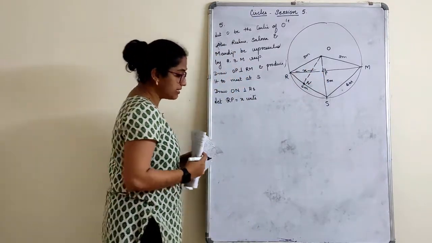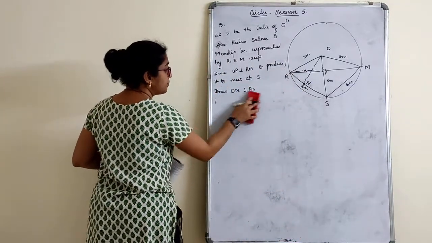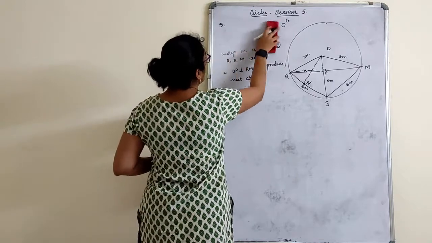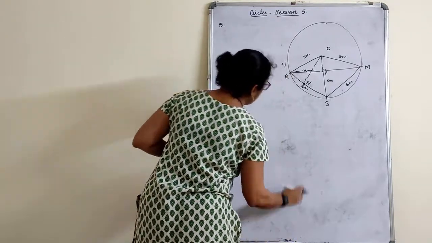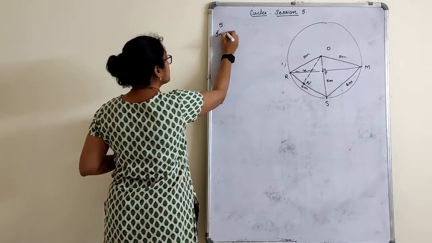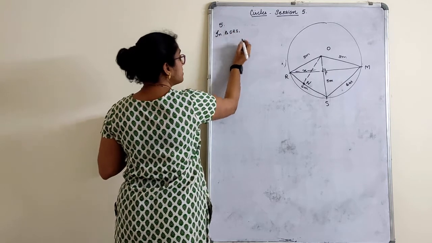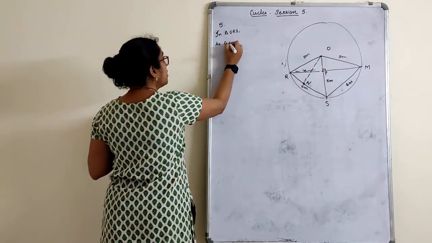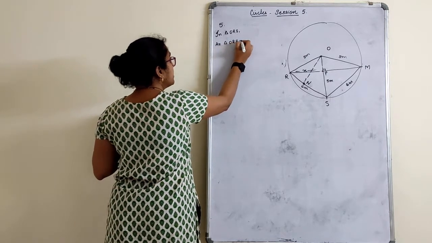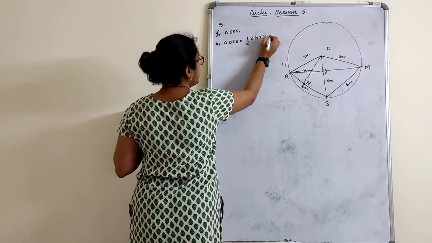Okay, I'll just erase this now so that I can use the board for solving the further part of the sum. One by one we will start solving it. First of all, let us consider a triangle. In triangle ORS, area of triangle ORS is equal to half into base into height.